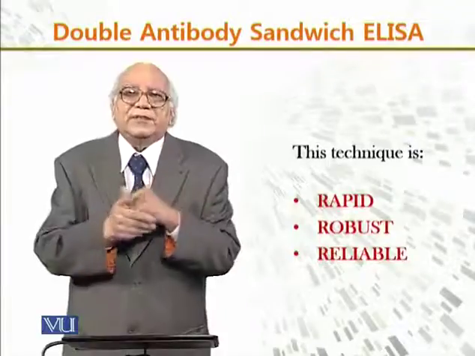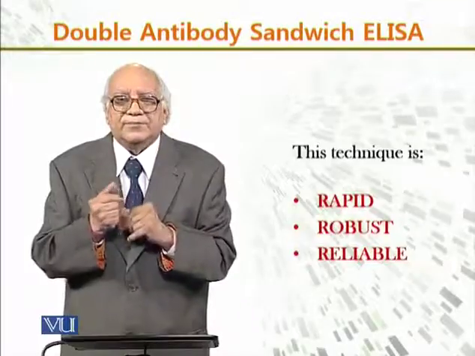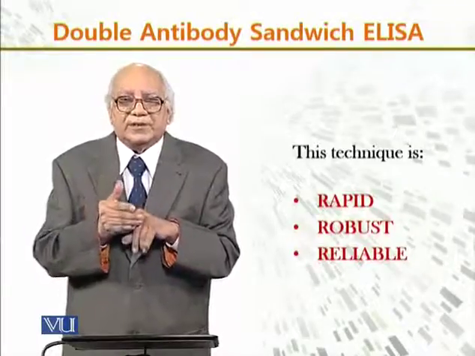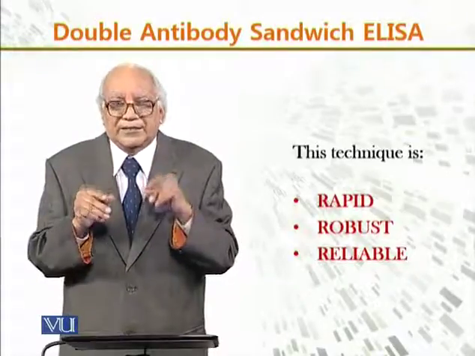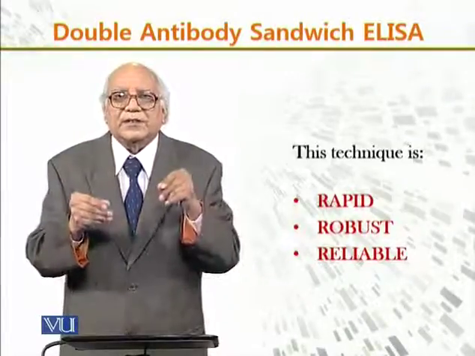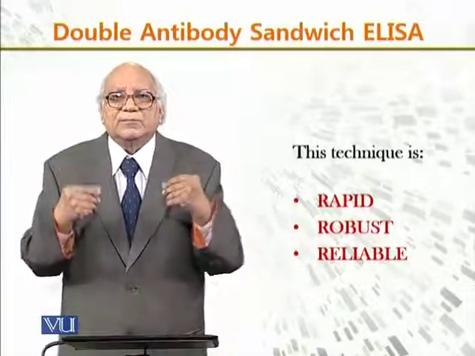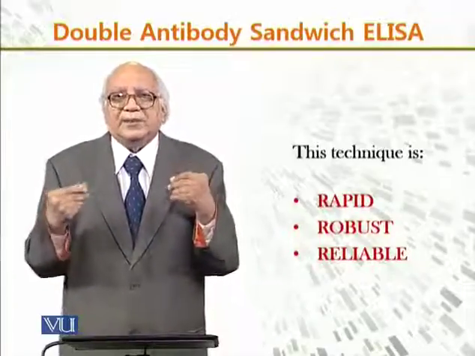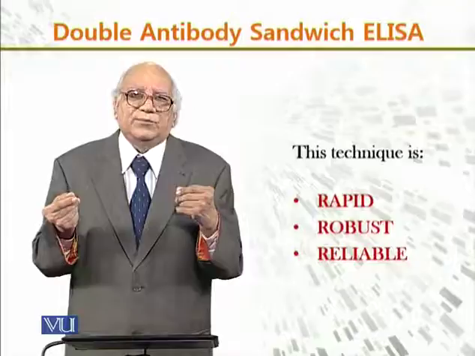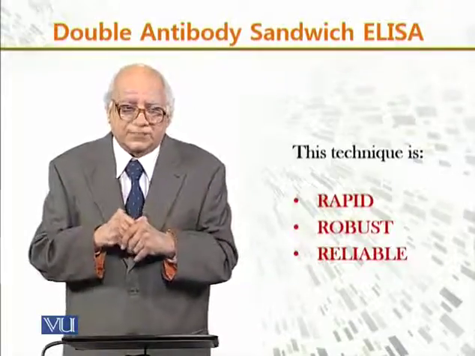Now, the advantage of this technique is that it is rapid, robust, and reliable. Robust means that it can be performed again and again, giving more results without any hitch.